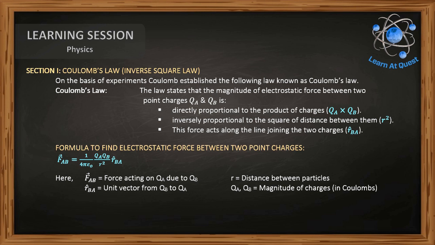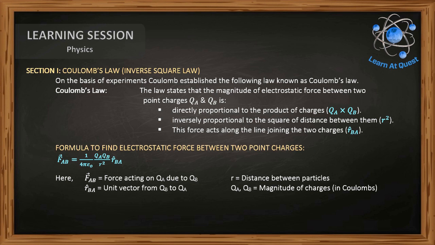The formula to find the electrostatic force between the 2-point charges is as follows. To find the force acting on QA due to QB, we write it as F_AB equals 1 by 4 pi epsilon naught QA QB upon r square r cap BA. Here, 1 by 4 pi epsilon naught is the constant of proportionality.